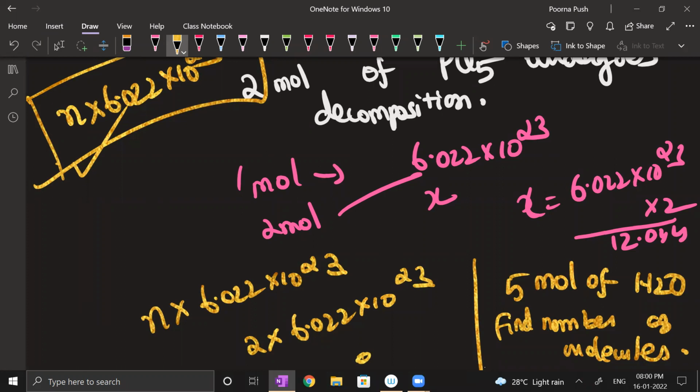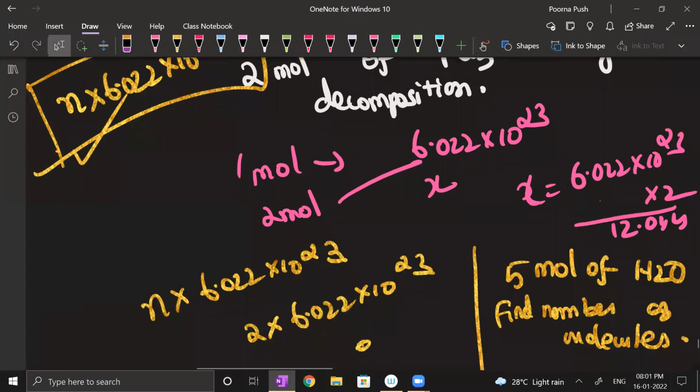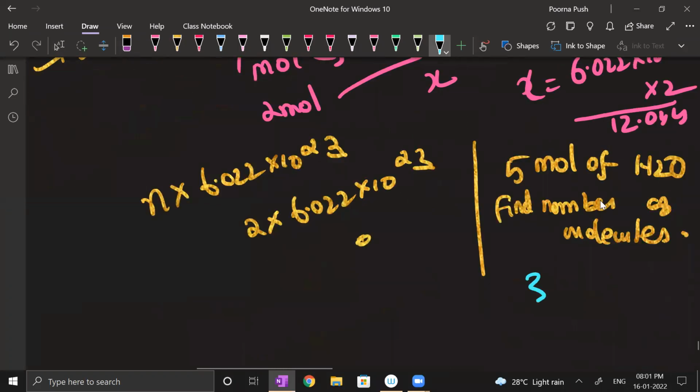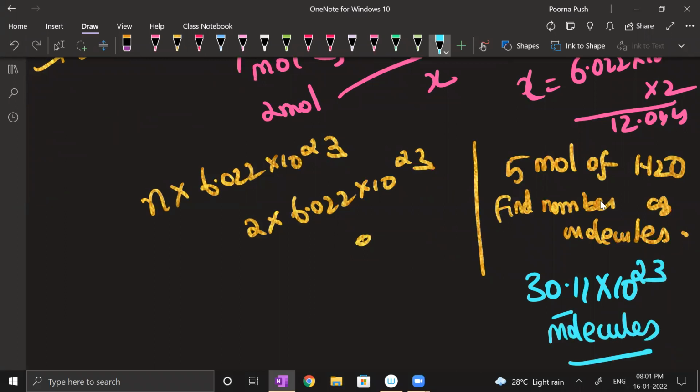What is the answer? 3.011 into 10 to the power 24? 30.1 into 10 power 23 molecules. Correct? Did all of you get this? Then you're right. Good try, guys.